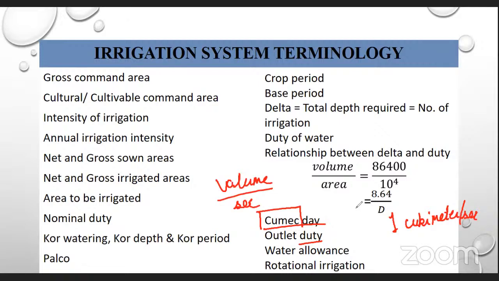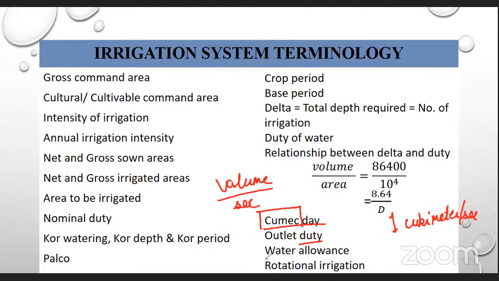Then we are having water allowance. A water allowance is a designed number of cumecs of outlet capacity per 1000 hectares of culturable command area under the outlet.